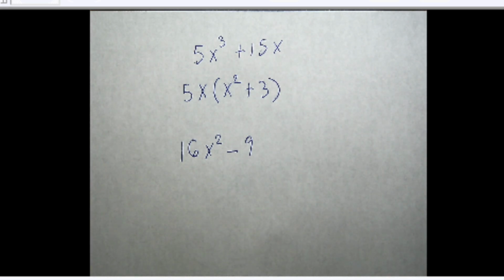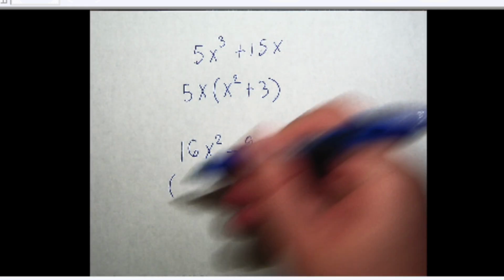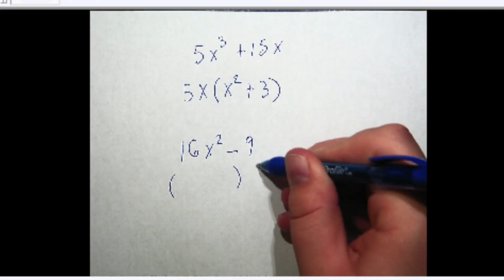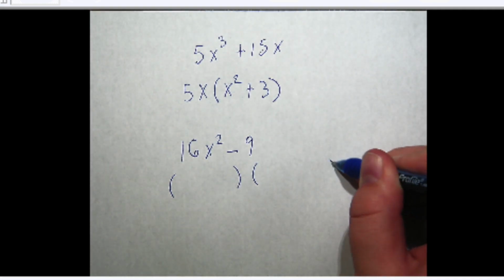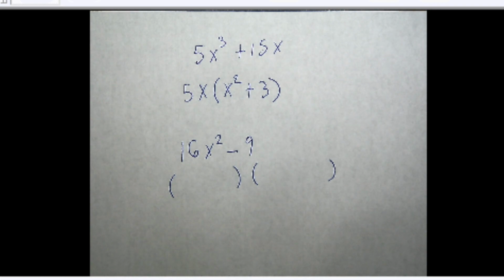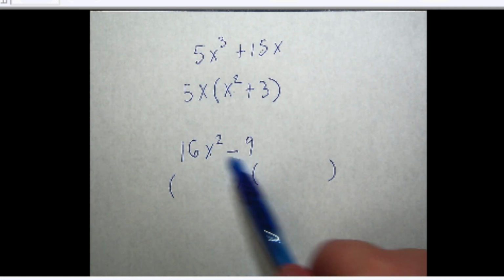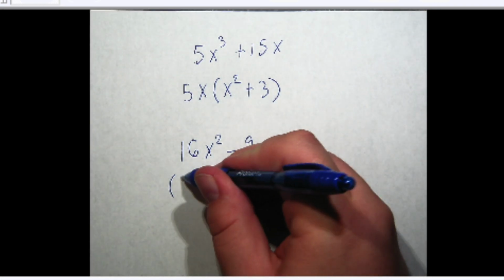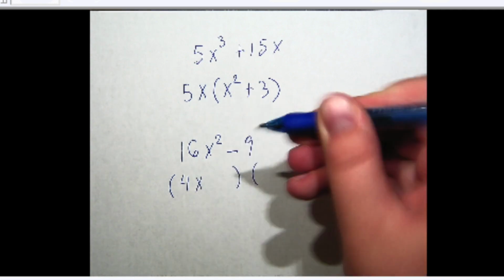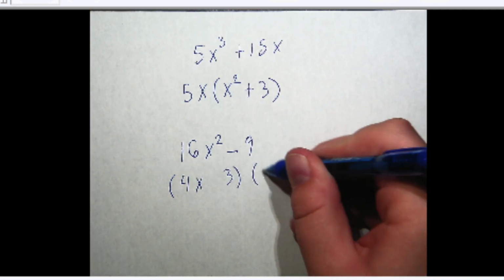So when we work with a difference of squares, we can factor them all the same way into two factors. We take the square root of all these numbers and fill them in, so 4x and 3.